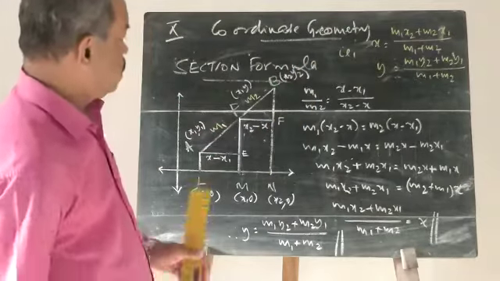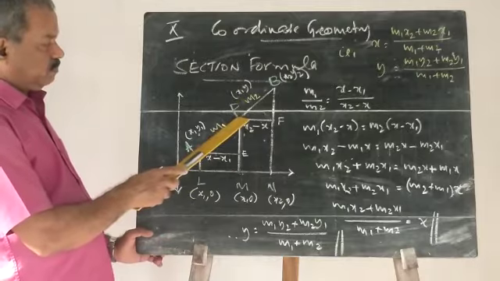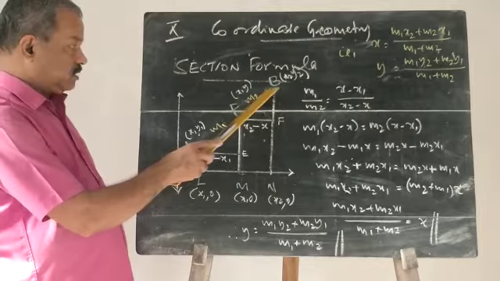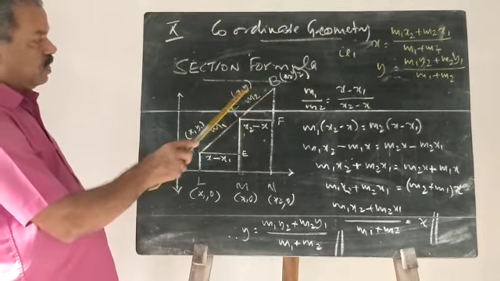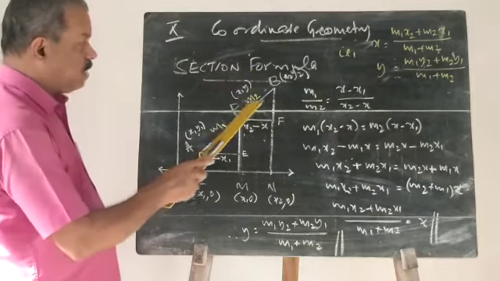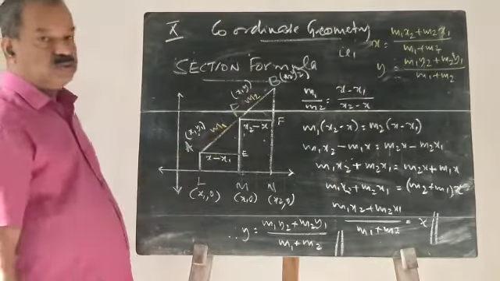This segment is divided at the point P, whose coordinates are (x, y), in the ratio m1 is to m2.